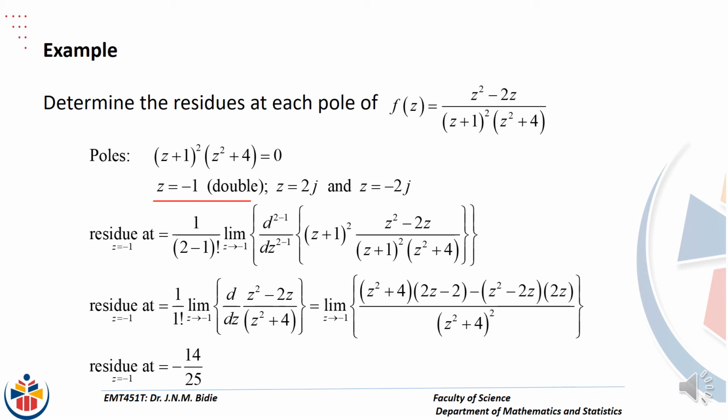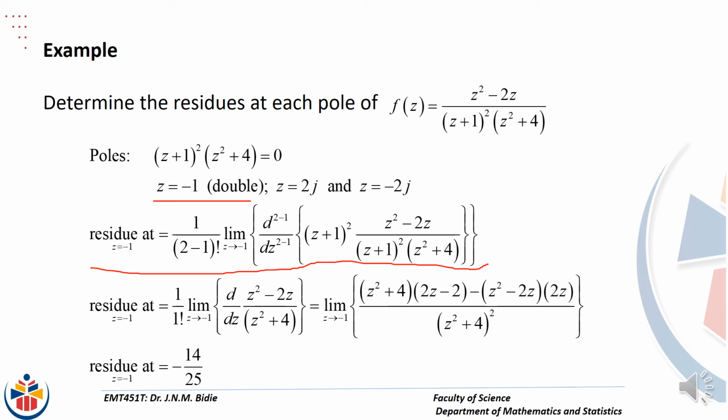And then when you factorize z squared plus 4, it gives you z equal to 2j and z equal to -2j. The other two are simple poles, but the first one is a double pole. So it means we have to use the second definition of residues. So with m equal to 2, we do the substitution, m equal to 2 in there.